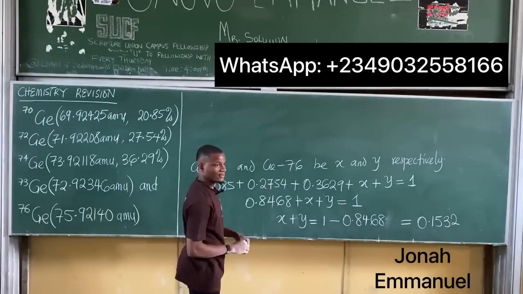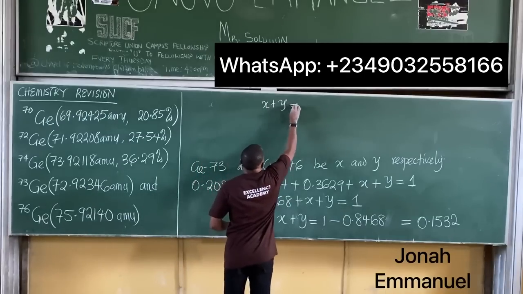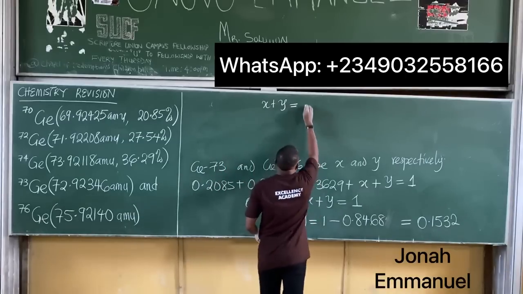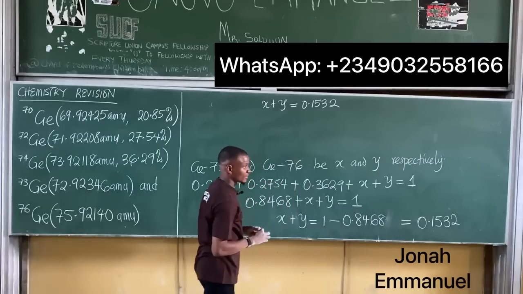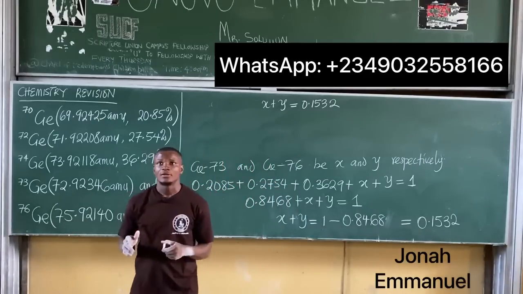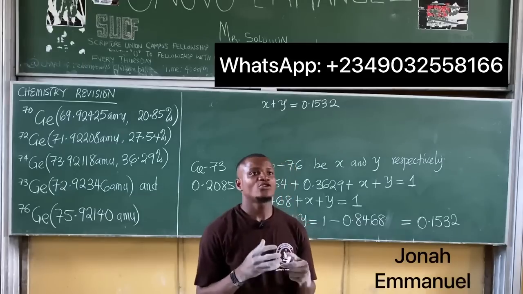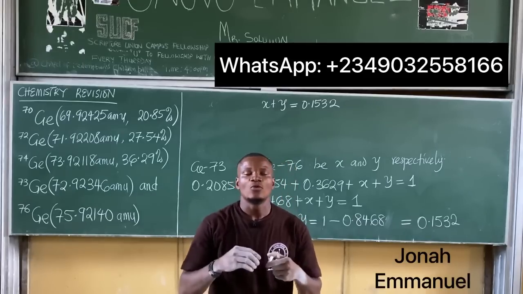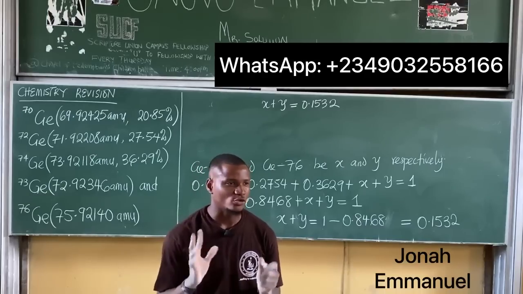Look up, please. So it means that x plus y is equal to how many there? Now listen. If you're good with your maths, you should know that we cannot find the value of two variables with just one equation. True?